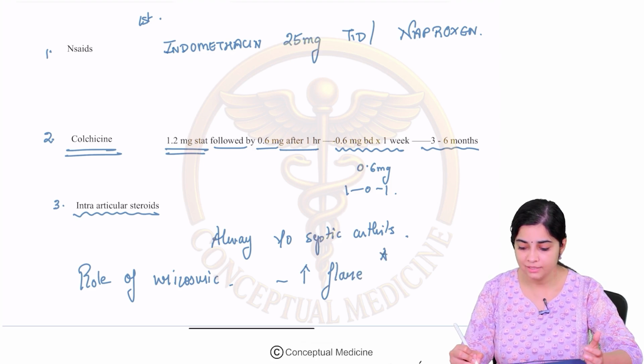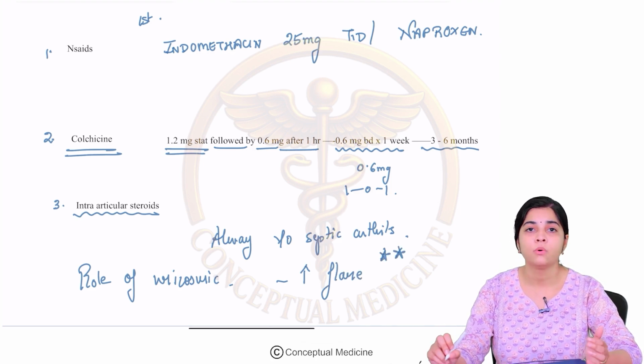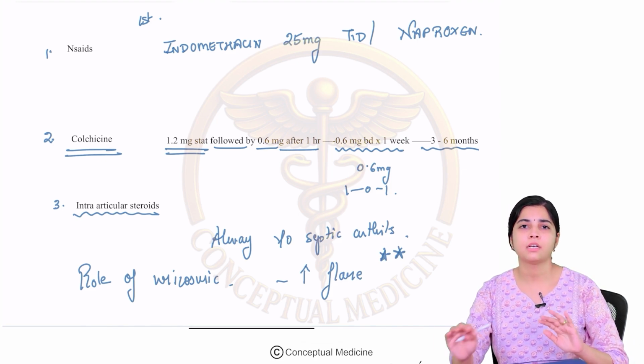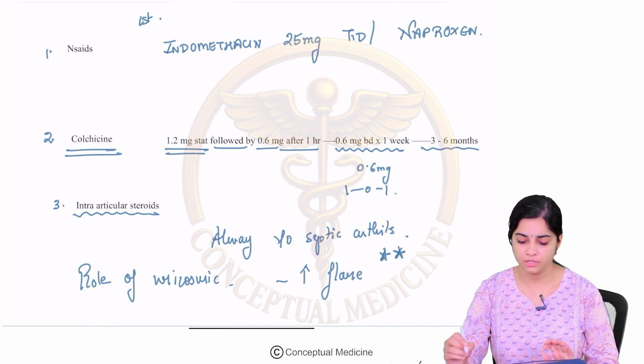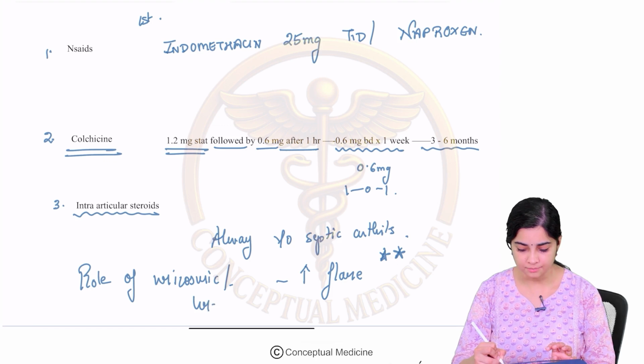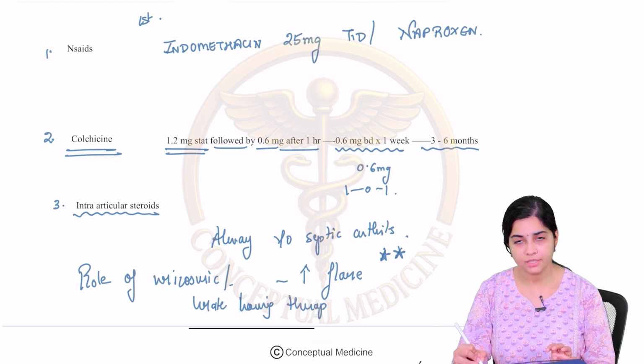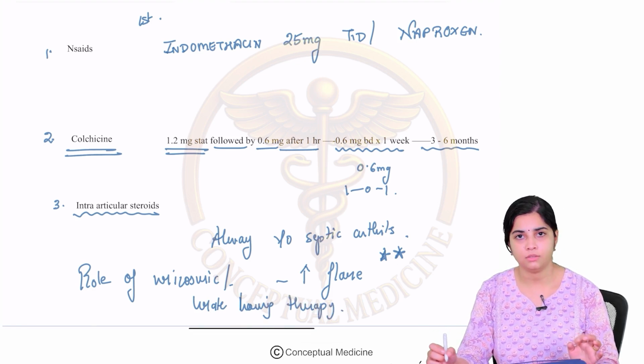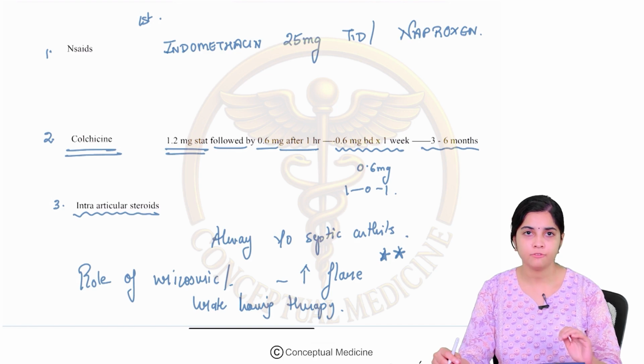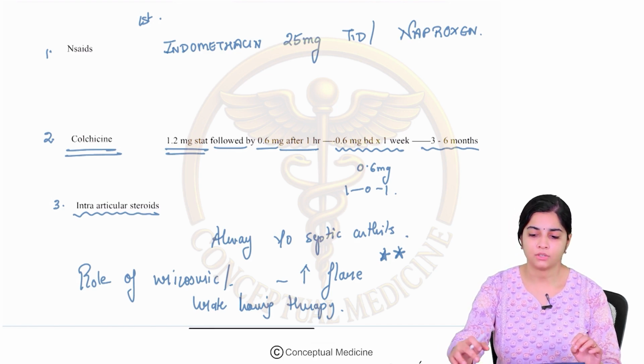Hence only after the flare settles down do you try and initiate urate-lowering therapy. So urate-lowering therapy is usually not recommended during an acute gout. Okay, clear? Fine. So this is about your acute gout.